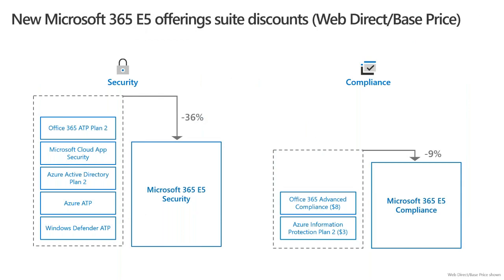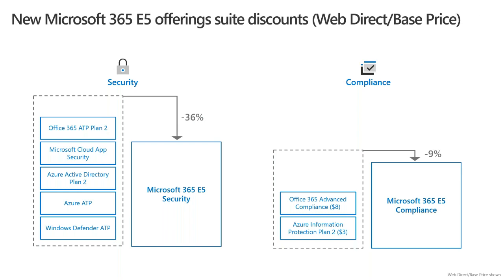Typically, if we look at buying all those individual components onto Microsoft 365 E3, or if you buy the bundle, you're going to have around 36% saving if you buy that new bundle rather than individually purchasing each one of those plans on the left-hand side.